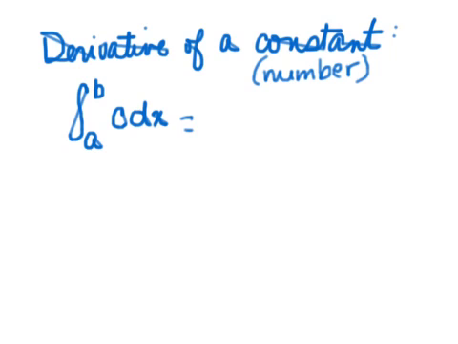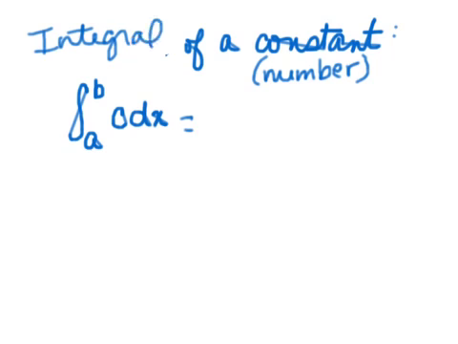So your rule for the integral of a constant, is to take that c, that constant, and you're going to subtract the b and the a and multiply it by the c.